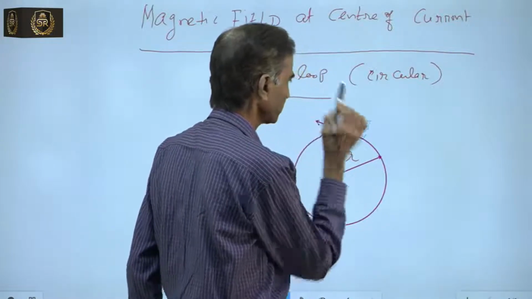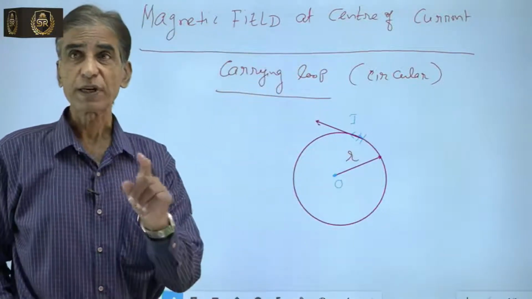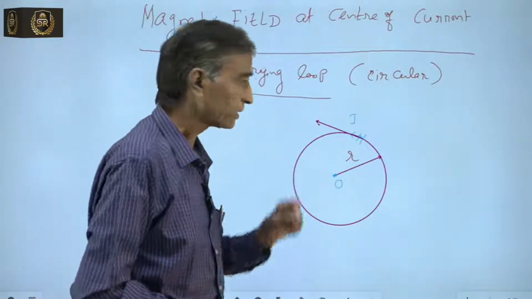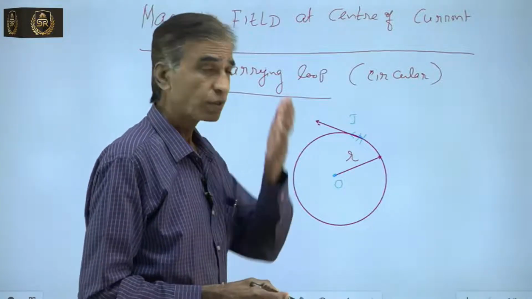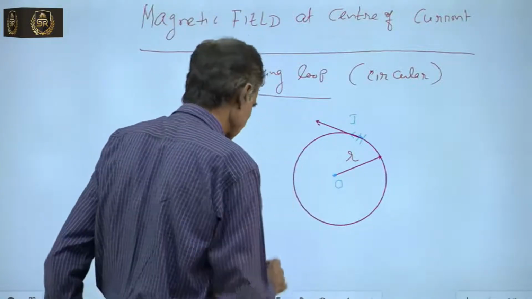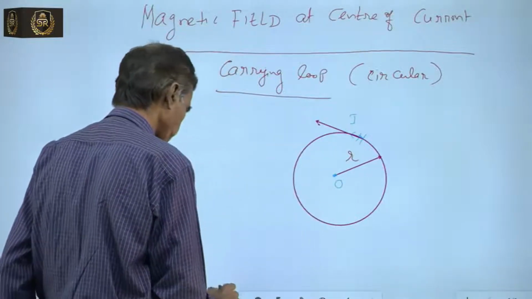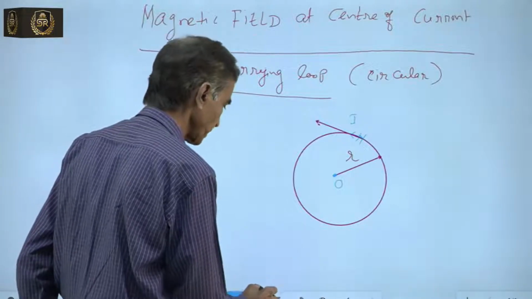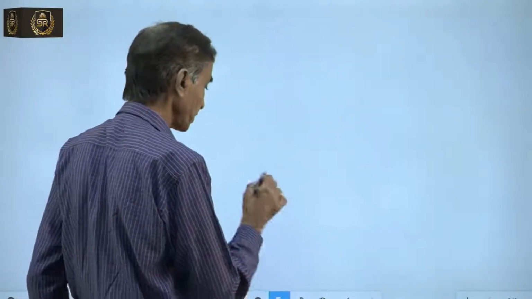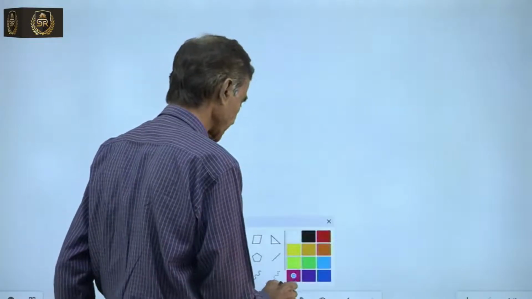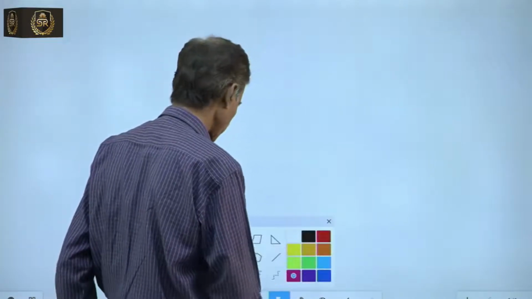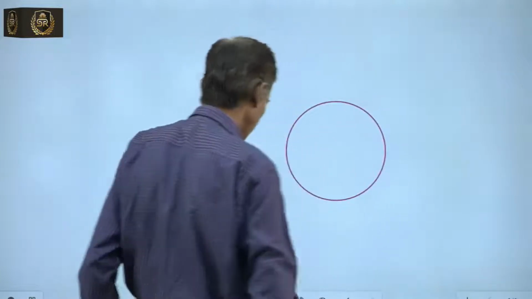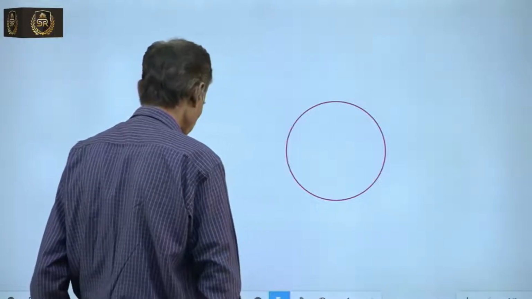at that point. Now, at which point we want to find the field? We want to find the field at the center, isn't it? So what we have to do now? We have to join the current element to the center where we want to find the field.